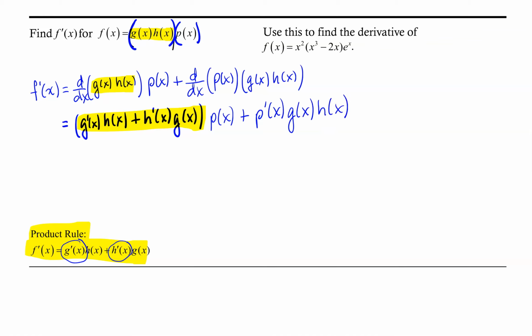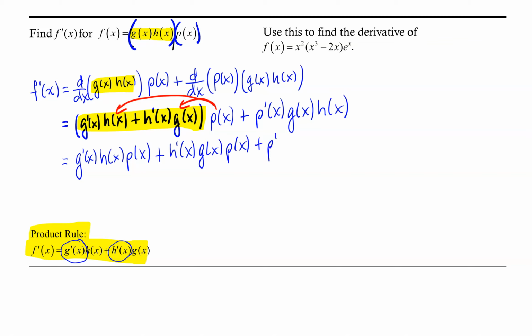Now, let's go ahead and apply the distributive property here, where we took our first derivative using the product rule, and we would get g prime of x times h of x times p of x plus h prime of x times g of x times p of x plus p prime of x times g of x times h of x.